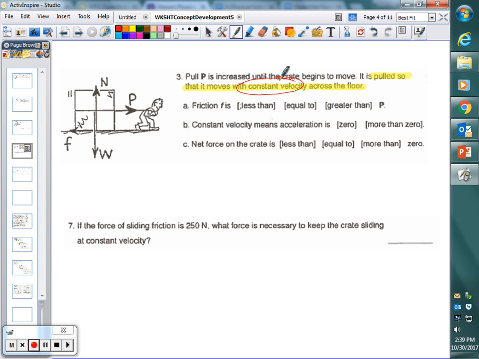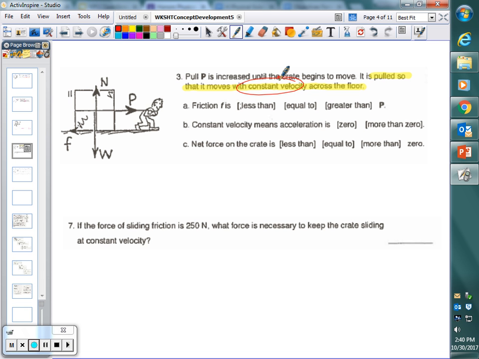So if I just do this, move this book with a constant velocity across the table. Not at the moment that it started moving, not at the moment when it stopped moving, but when it's moving across the table. If it's not speeding up or slowing down, the net force has to be 0.